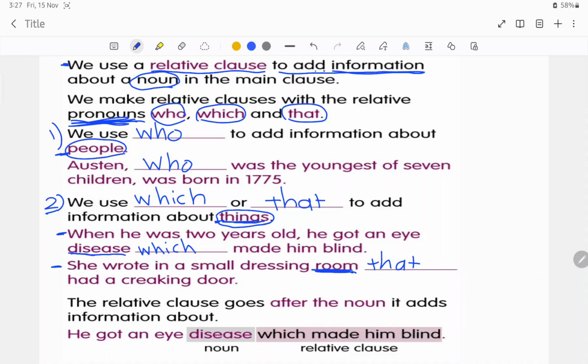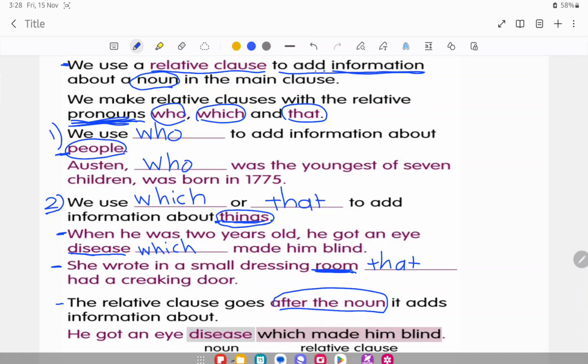The last point here in this grammar, we have the relative clause goes after the noun. After the noun, it adds information about it. فالريلاتيف كلوز يكون عندنا بعد الاسم اللي اصلا يضيف لنا معلومات عنه. مثل المثال ما طينا. Here the example: he got an eye disease.